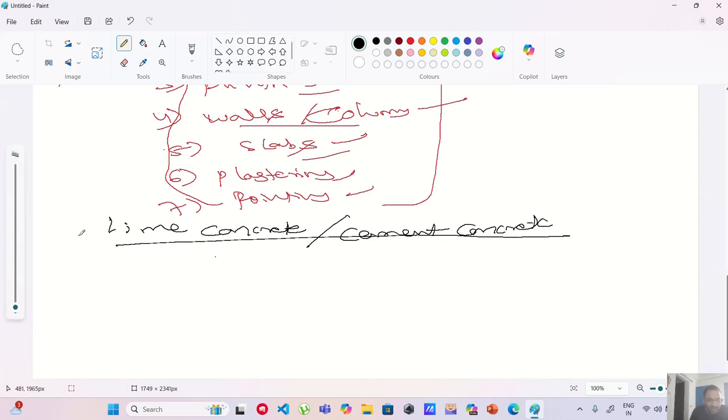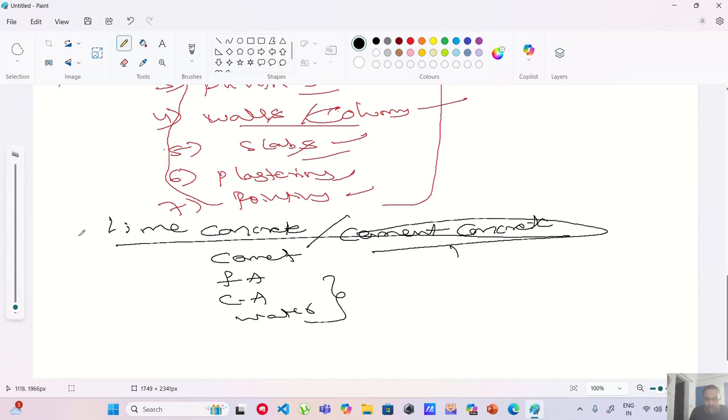What is meant by concrete? It is a mixture of cement, fine aggregate, coarse aggregate along with water. For this, I'm going to use cement concrete in a foundation work. The grade may be, for example, M15, M20, M30, whatever it may be. Cement concrete in foundations.